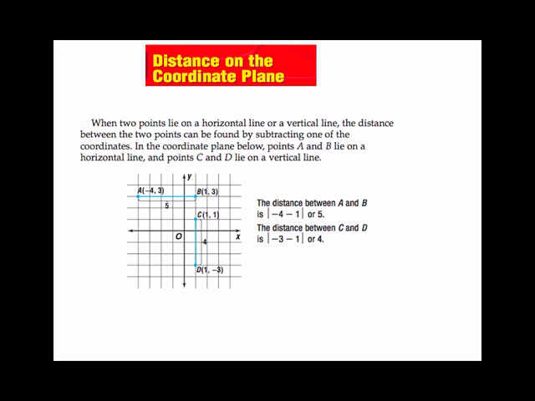In the coordinate plane below, points A and B lie on a horizontal line. Points C and D lie on a vertical line. The distance between points A and B is |-4 - 1|, or 5. The distance between the points C and D is |-3 - 1|, or 4.